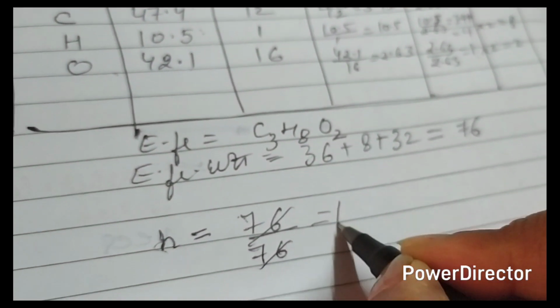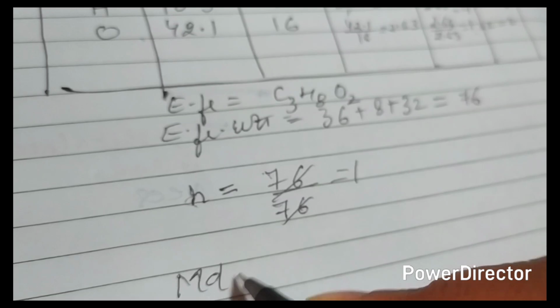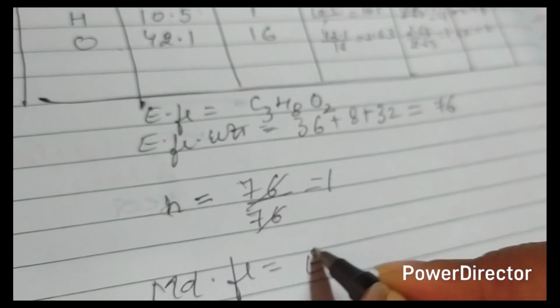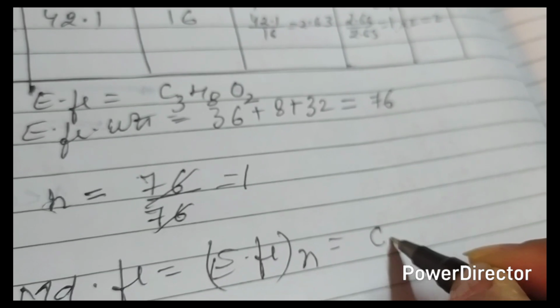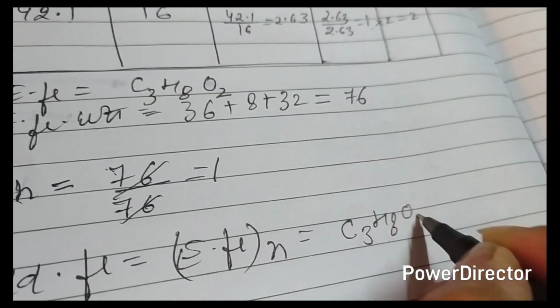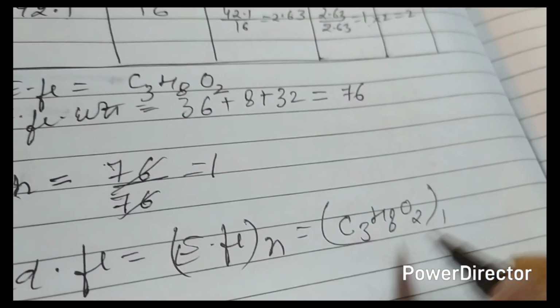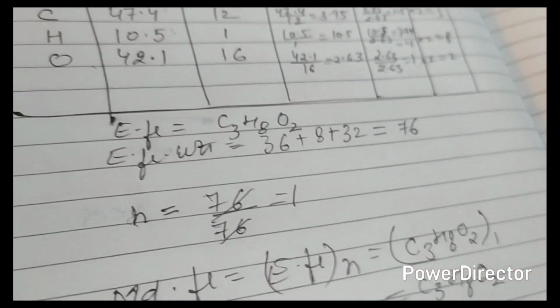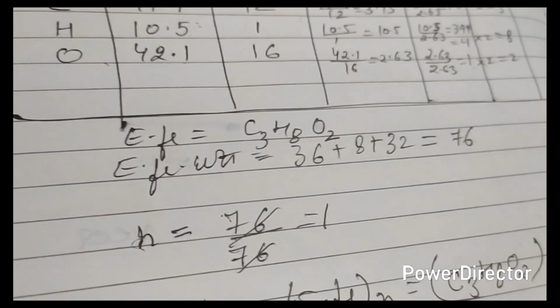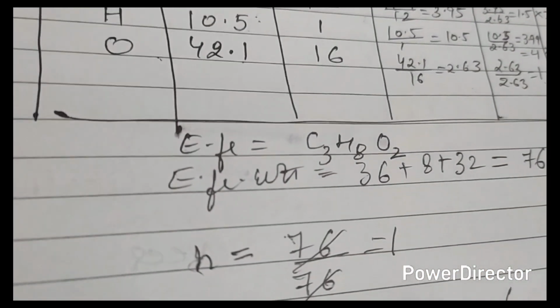You will get n as 1, and therefore the molecular formula will be equal to the empirical formula multiplied by n, that is equal to C3H8O2 multiplied by 1, which is C3H8O2. In the next video we will discuss question number 7 and 8.